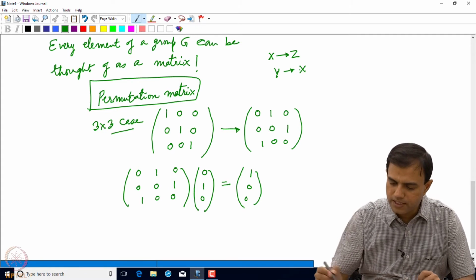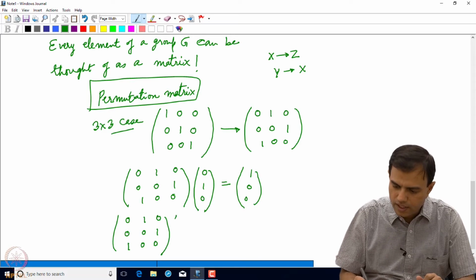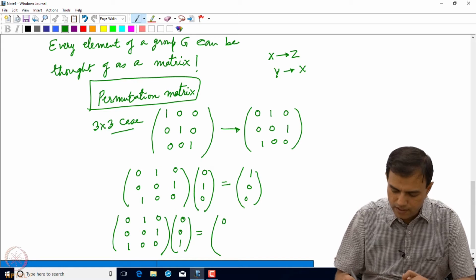And what about the z-axis? I am looking at the z-axis 0, 0, 1, and when I multiply, I get 0 here, 1 here, and 0 here.